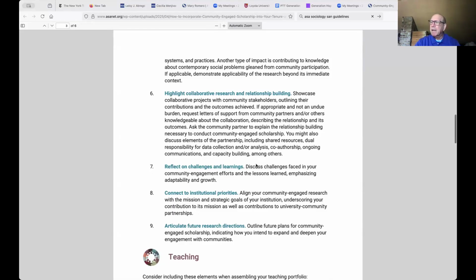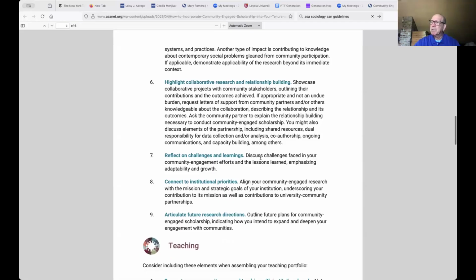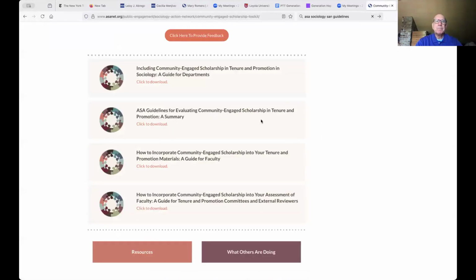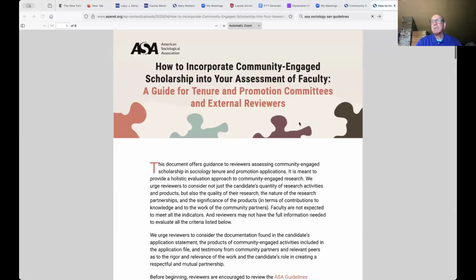The other thing, I'm going to move on because I don't want to spend too much time on this. So there are your guidelines if you're going up for tenure or promotion. And then we spent a lot of time trying to work on guidelines for reviewers, whether that's a personnel committee or external reviewers.